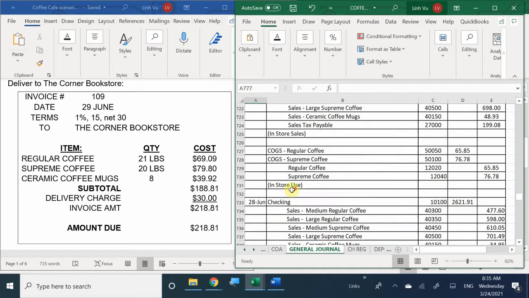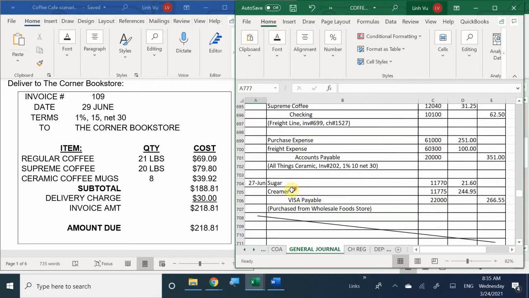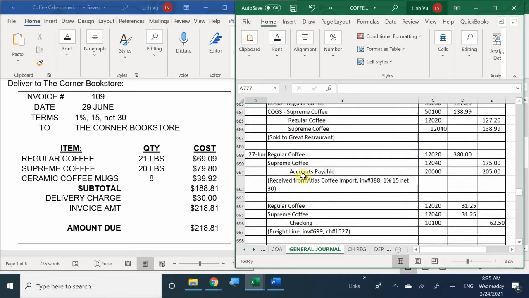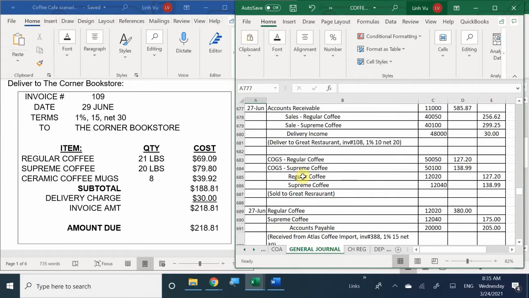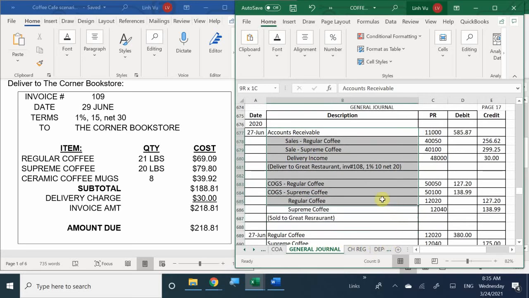Accounts receivable and sales. Yes, we're going to do an accounts receivable and then conduct our sales. So I'm going to look for one that we've already done, and I'm going to copy this. Save us some time.